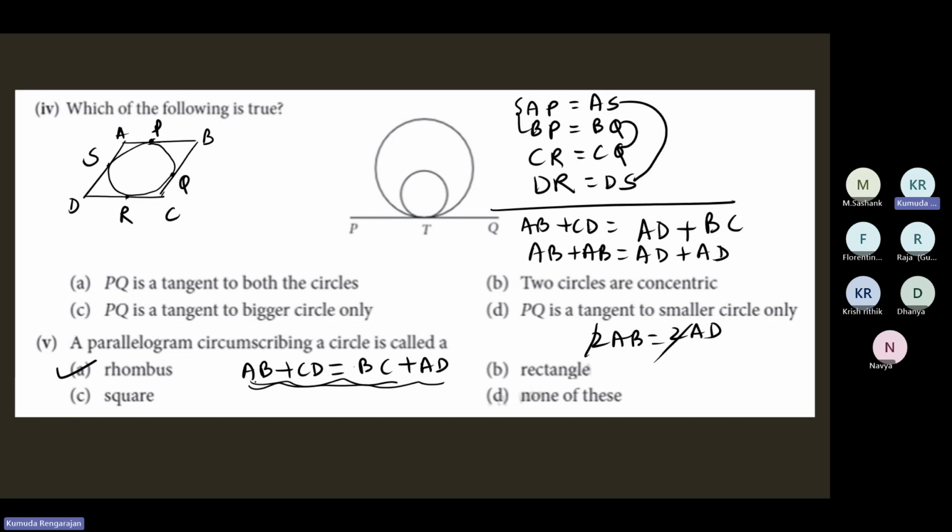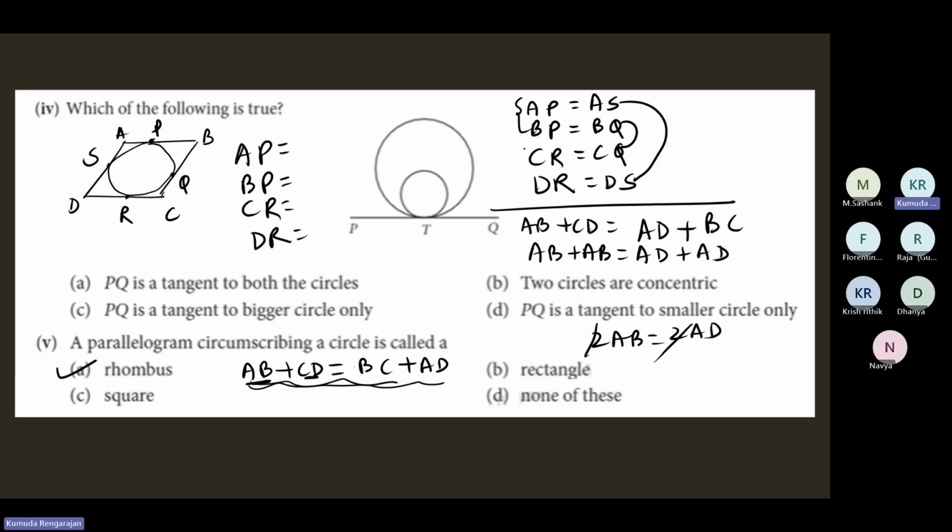Write that. And now what is AB made up of? AP and BP. Then CD is made up of? Complete these results using the theorem that tangents from an external point to the circle are equal.